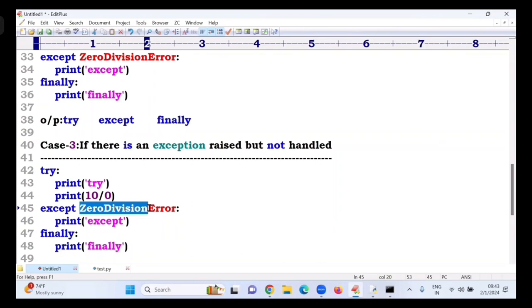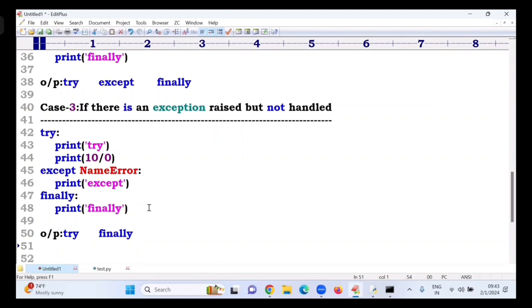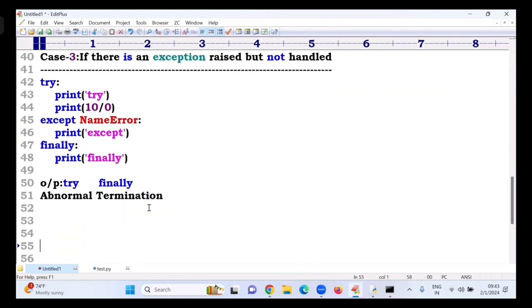Instead of ZeroDivisionError, some other given name error. In this case also, the finally block will be executed, but abnormal termination will happen. Abnormal termination because we did not handle the exception.